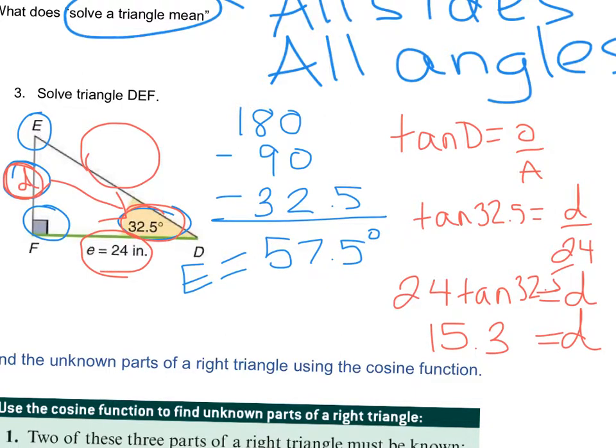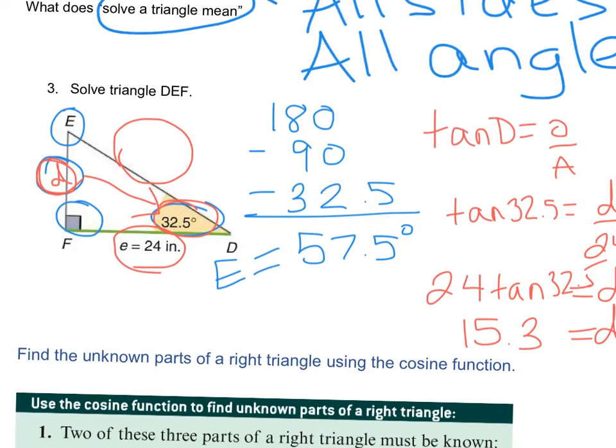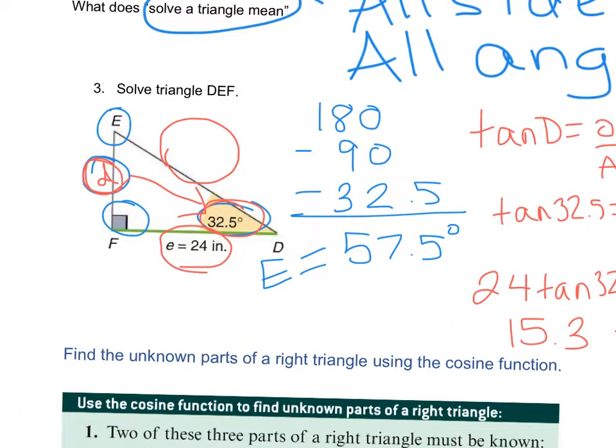Now the good thing about this is now that you know two side lengths, you know that this side is 24 and you know that this side is 15.3. You can use those to find your hypotenuse by just doing Pythagorean Theorem of a squared plus b squared equals the hypotenuse squared.